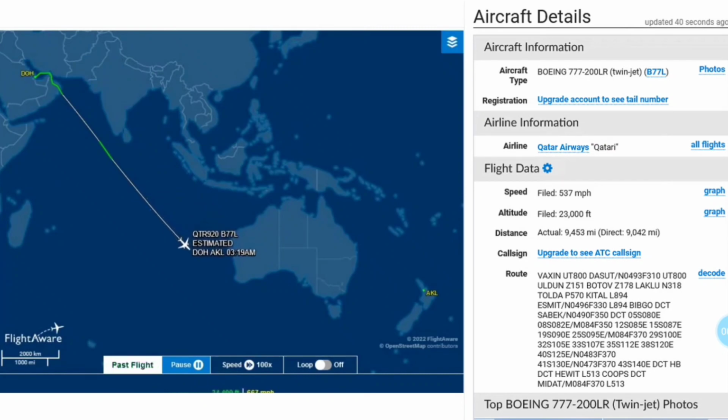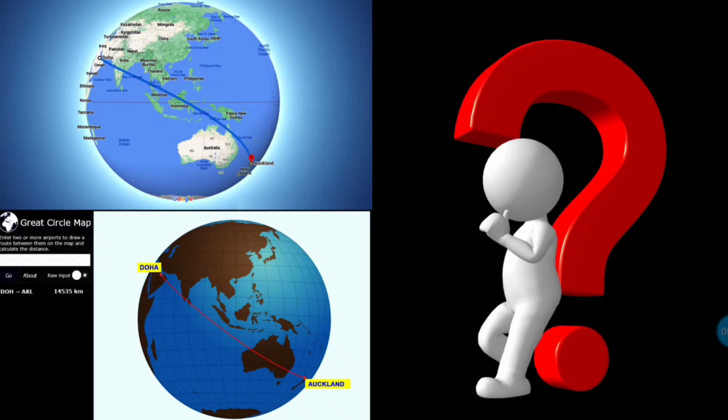Not coming from the northwest of Australia or even north of Australia. As we saw, it goes under Australia, south of Tasmania, and then going northeast towards Auckland. Pretty weird flight path on the globe. And you see it doesn't match any of these two on the globe. If Earth was a ball, it should definitely match with that. But let's now compare on a flat Earth map and see what we get.